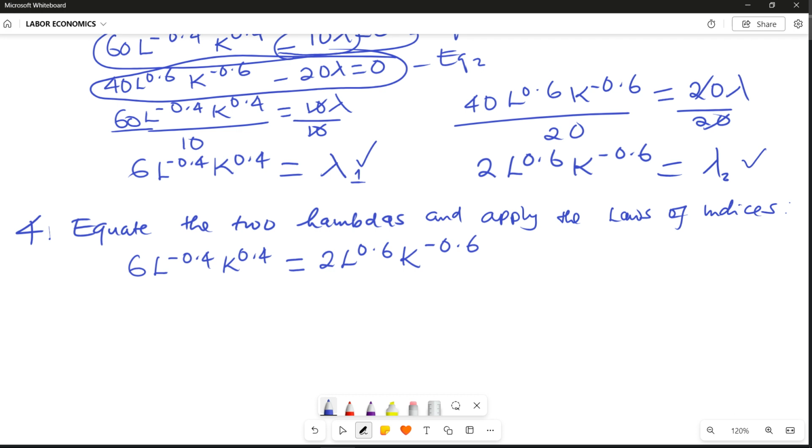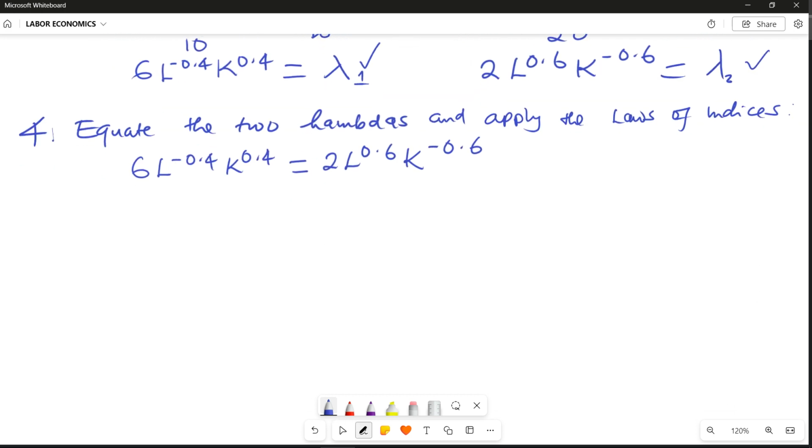Why? Because on the left hand side, labor is raised to a negative power. On the right hand side, capital is raised to a negative power. How do we handle such a case? Since our L is raised to the power minus 0.4, this is the same thing as saying 1 over L to the power positive 0.4. In short, we just find the inverse of that term with a negative power.